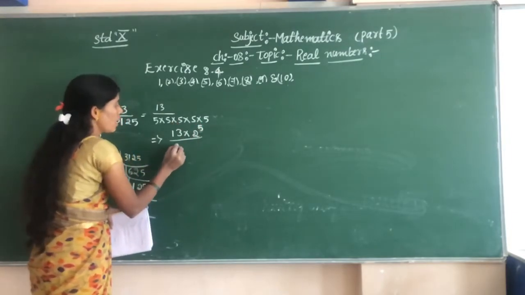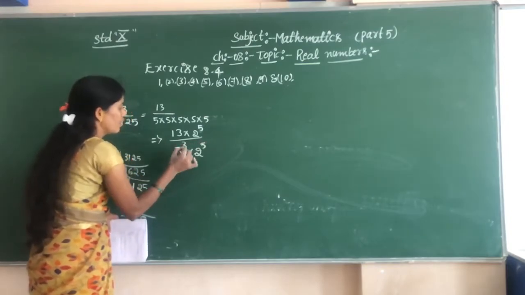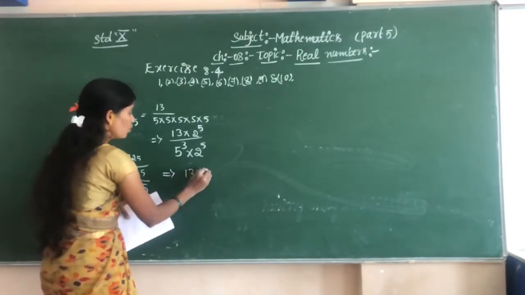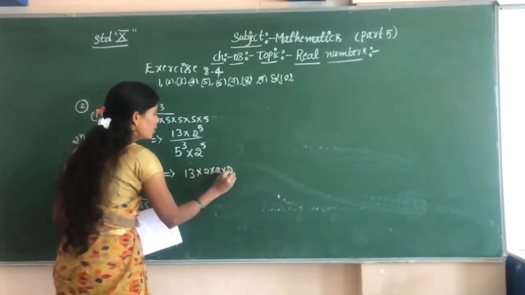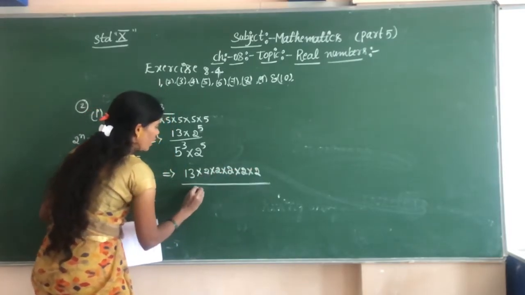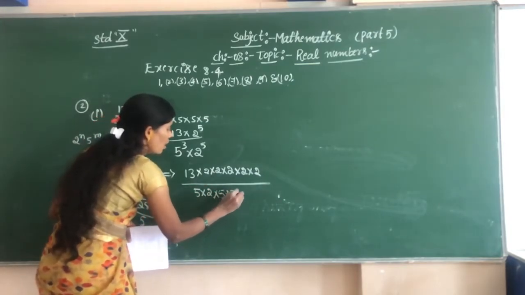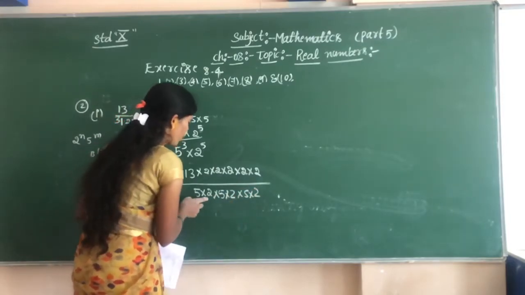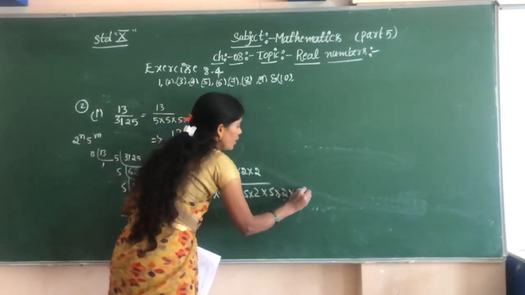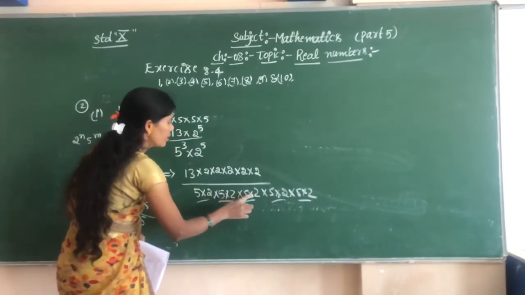So 2 to the power of 5 and 5 to the power of 5 into 2 to the power of 5. So 13 into 2 to the power of 5 over 5 to the power of 5 into 2 to the power of 5, that is 10 to the power of 5.